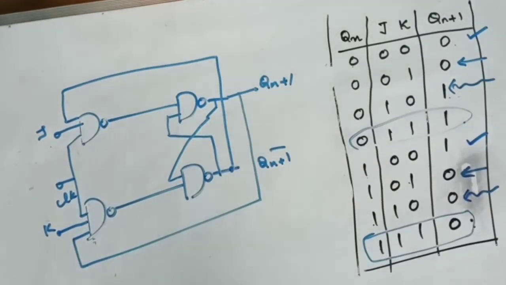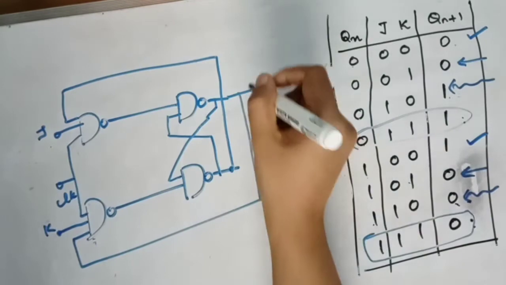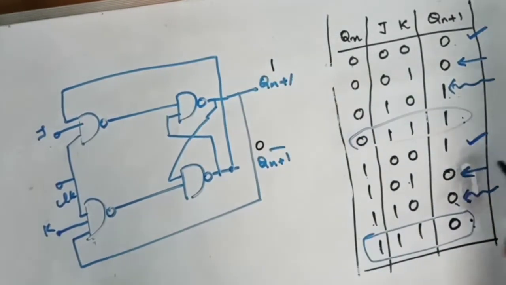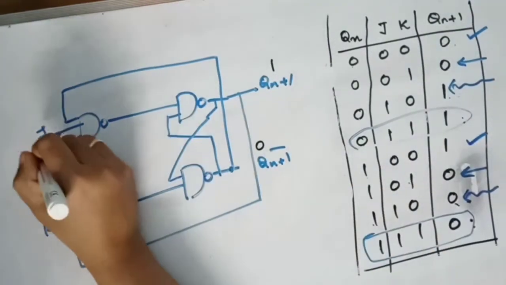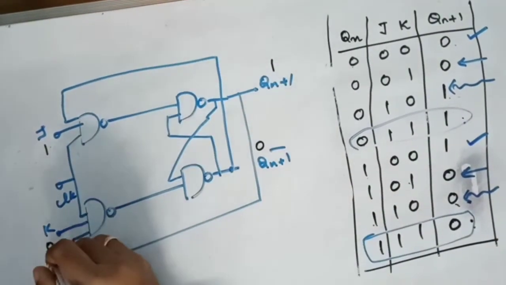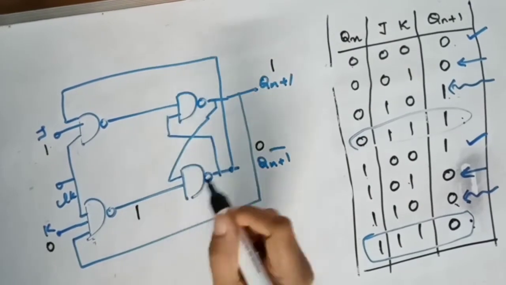Mistake was which one? This is correct. This is correct. This is wrong. So this we'll check once more. That is Qn is 1. So this is 0. And we are going to give 1, 0 at the input. Okay. So since this is 0, this is 1.